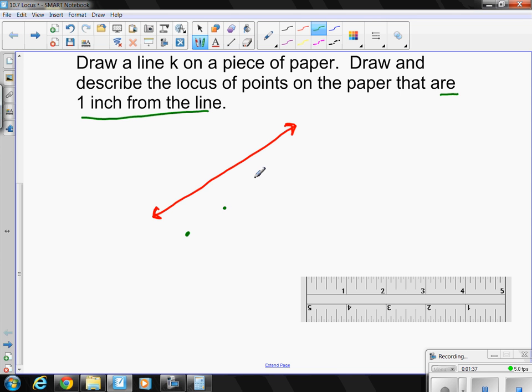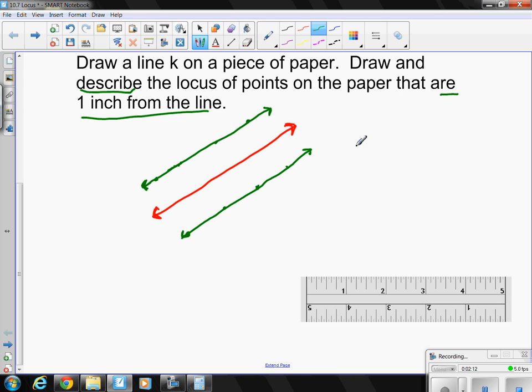So these points are all an inch from the line. Realize points up here could be an inch from the line. So I'm going to plot enough points so that I can make a general statement that all these points, if I drew every single possible point in, would be this line. All the points make a line when we put them all together. A line is made up of a bunch of little tiny points. So then draw and describe.